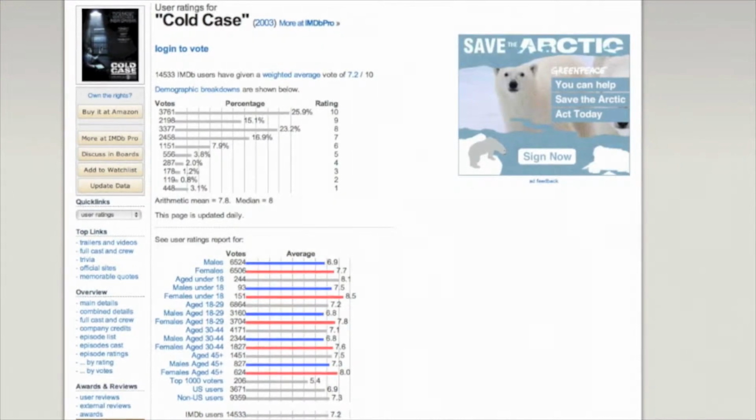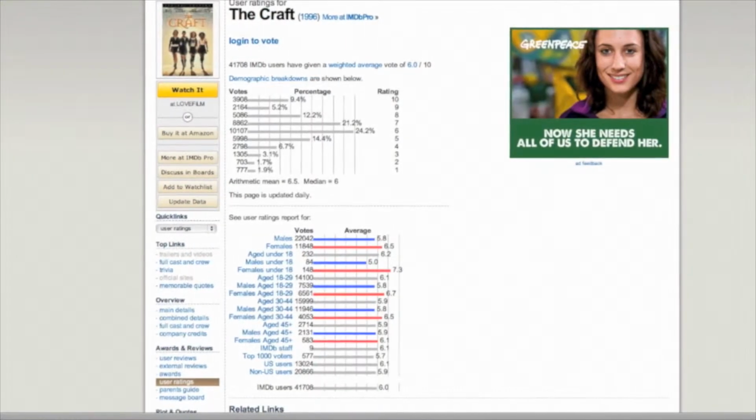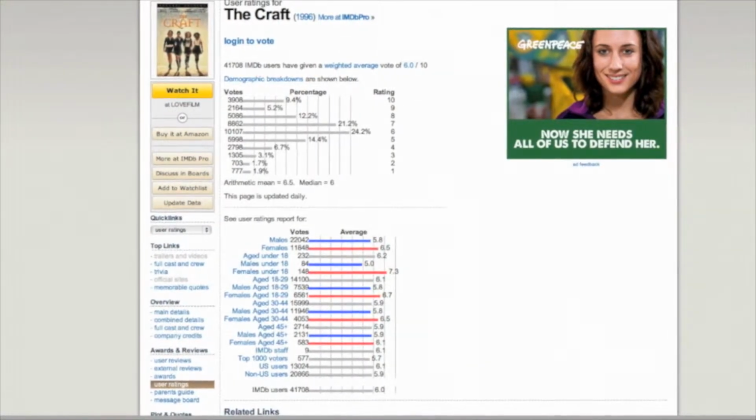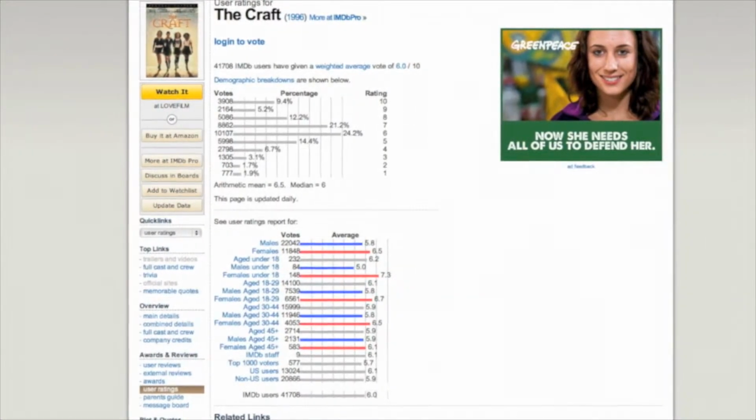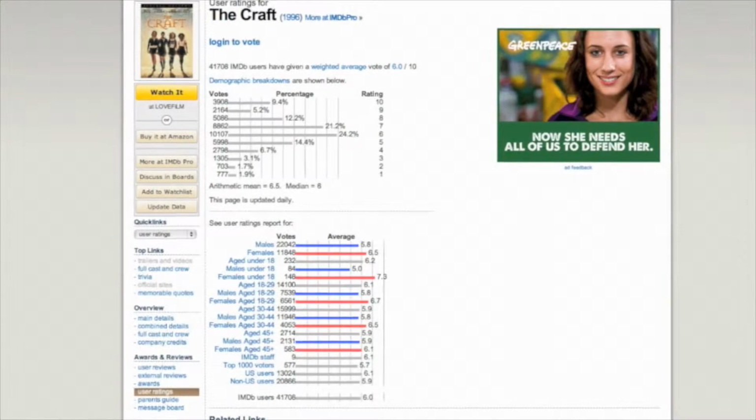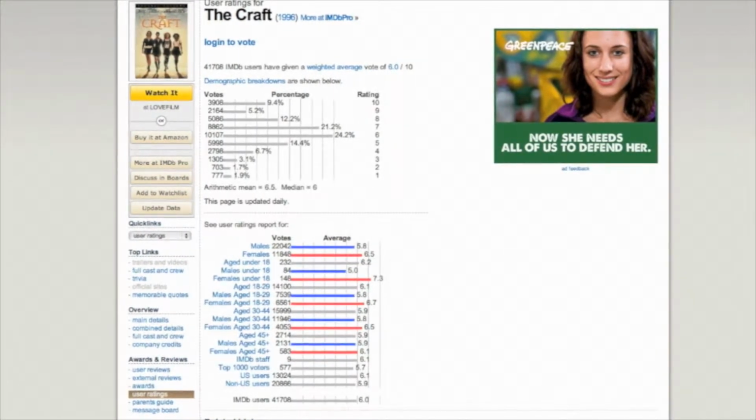However, I couldn't just get my target audience research from some statistics. I had to actually go out in the field and interview different genders and different age ranges of people. So that is what I did. Because of the information that I gathered on IMDb, I had already learned what my target audience was.